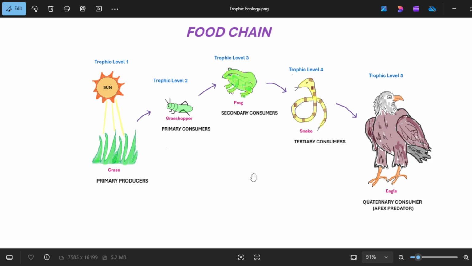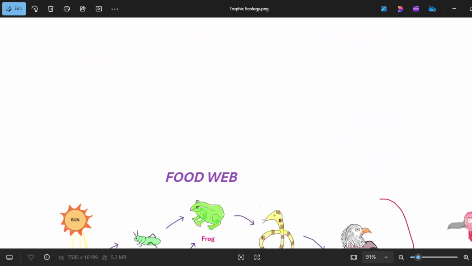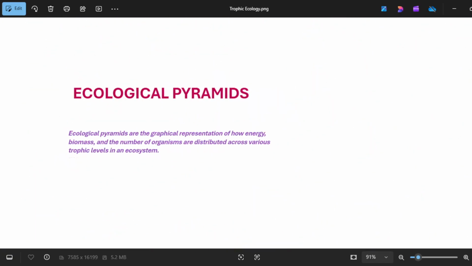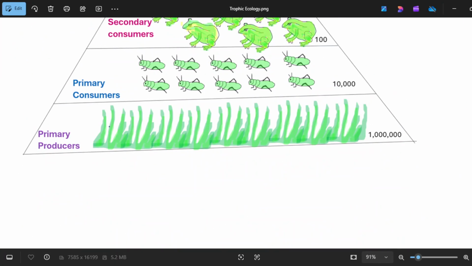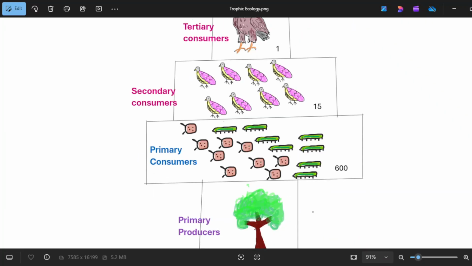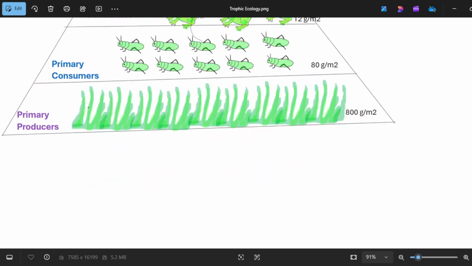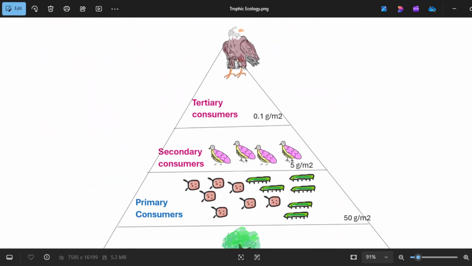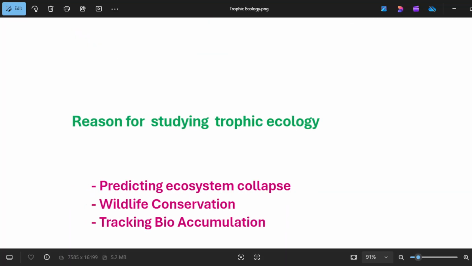The other one is something called bioaccumulation. Okay, so what is bioaccumulation? For example, a small fish is eating mercury. Now that small fish is eaten by another big fish. That big fish eats another big fish. So by the time it reaches that big fish, it has eaten a lot of mercury, which means the mercury concentration within its body will increase.